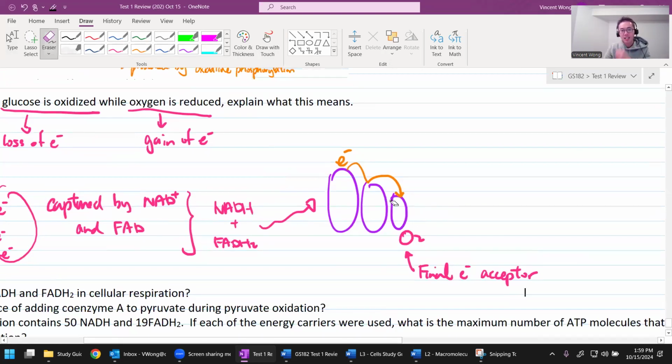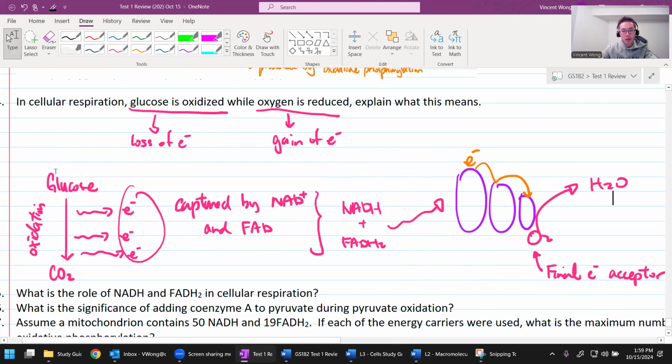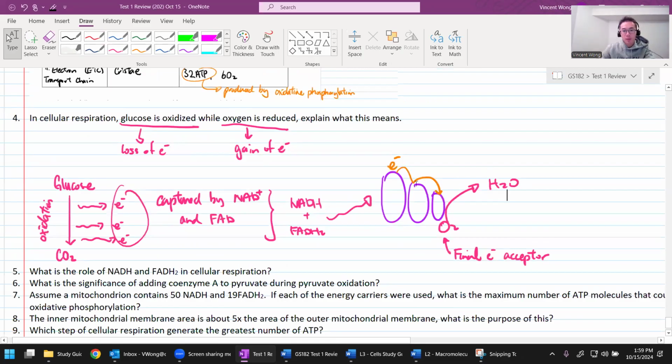That's what the oxygen does. It gets the electron off the slide, and when it does, it becomes water. Okay, so the electrons originate from glucose, but they have to go through all these steps in between before they end up on oxygen, right? This is the redox reaction that we refer to when we discuss cellular respiration.